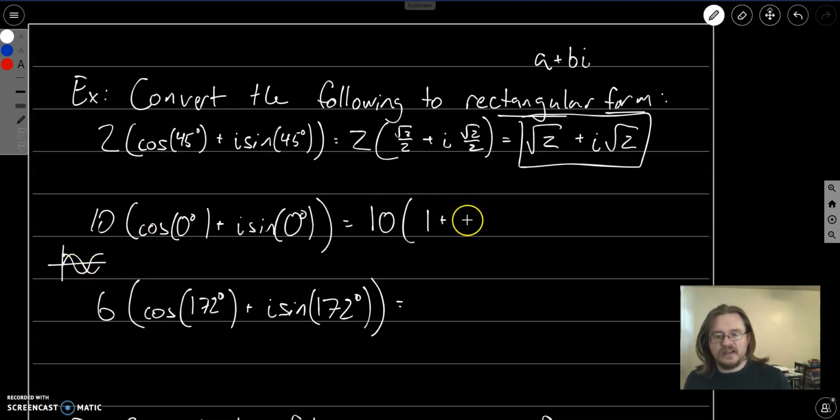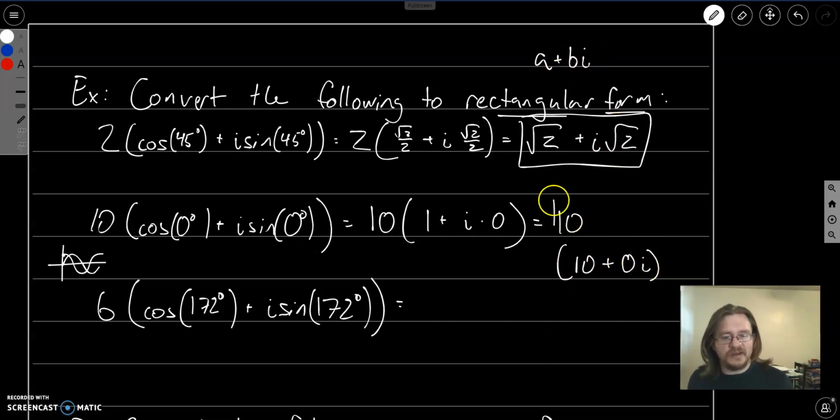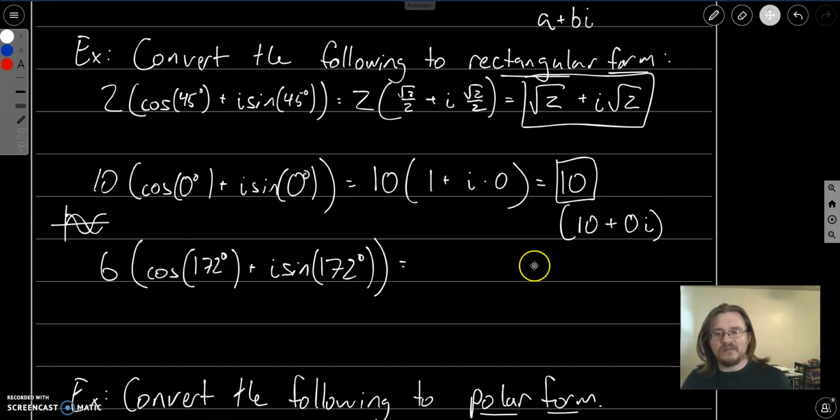So sine of 0 is in fact 0. Simplifying this, anything times 0 is just 0, so this is just going to be 10 times 1. If I really am trying to be pedantic, this would be 10 plus 0i, but just 10 works. Again, we're just converting sines and cosines into regular numbers and then plugging everything in.